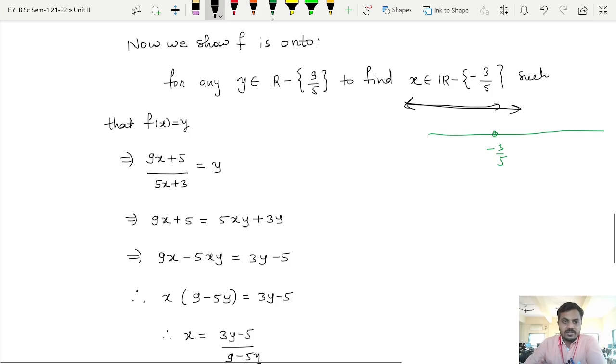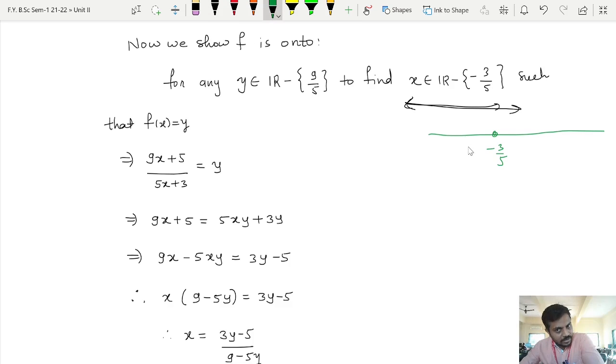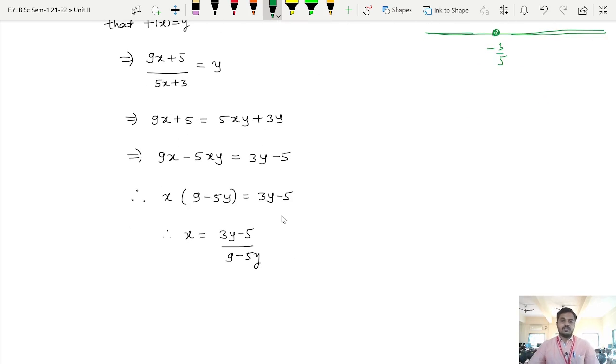Now let us try to understand how the domain is defined, or what exactly the domain set is. The domain set is nothing but the set of real numbers, but one point is removed from the set of real numbers, and which point is removed? Minus 3 upon 5. So if we are able to successfully show that this x is other than minus 3 upon 5, then we are through. Because what is the issue here?